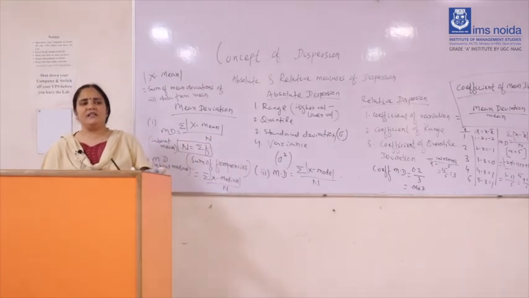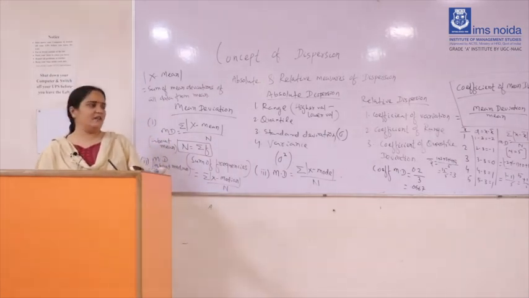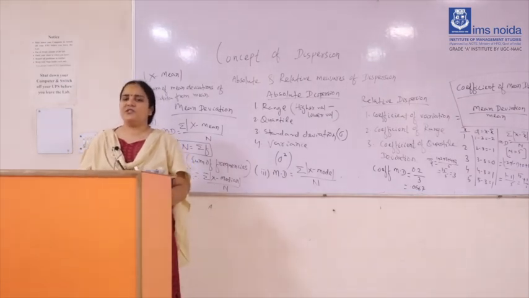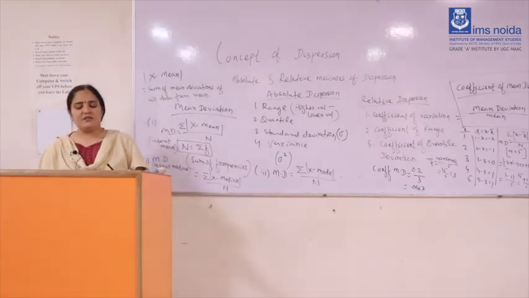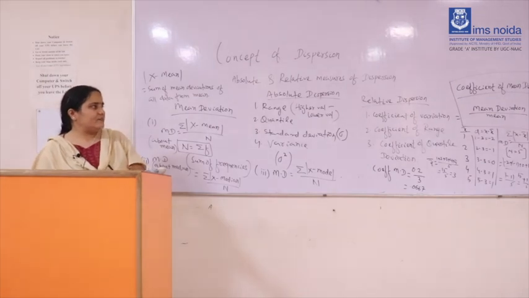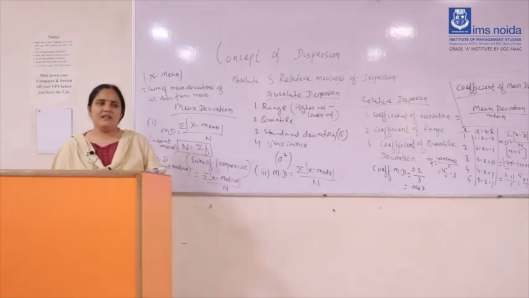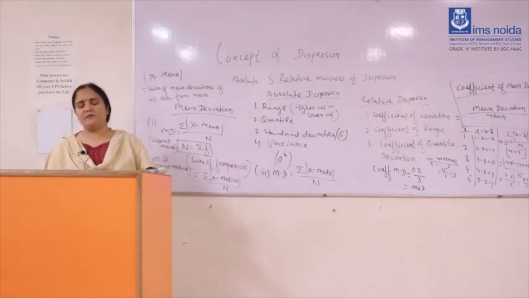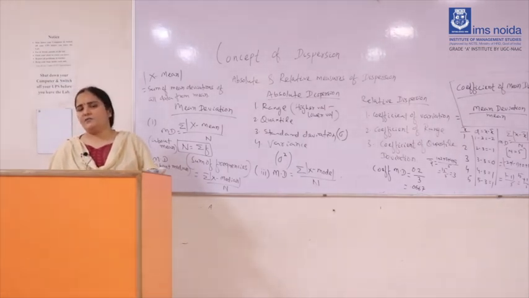Dividing by the median value you get the coefficient, and dividing by the mode value you get the coefficient of mode deviation. These are about relative dispersion and absolute dispersion. I think you can understand it easily, and we can discuss many numericals. You can do very simple problems to understand how absolute measurement and relative measurement are interrelated.